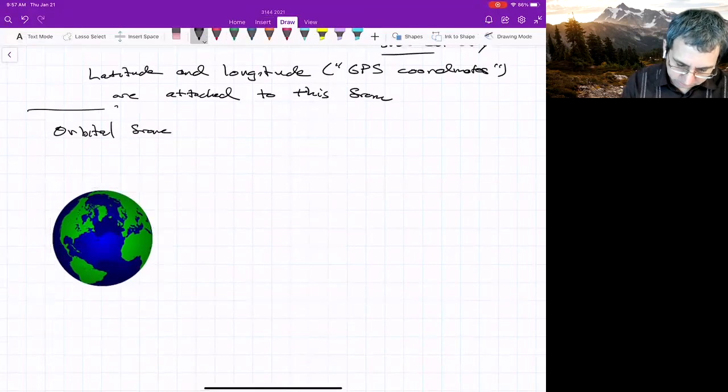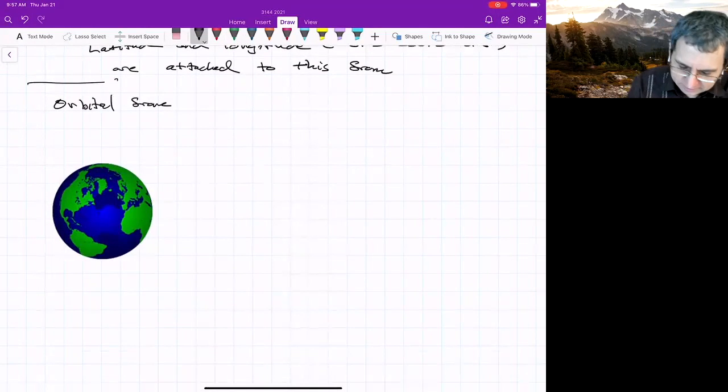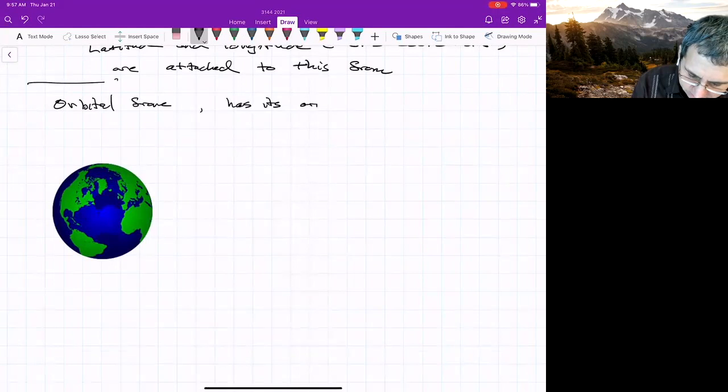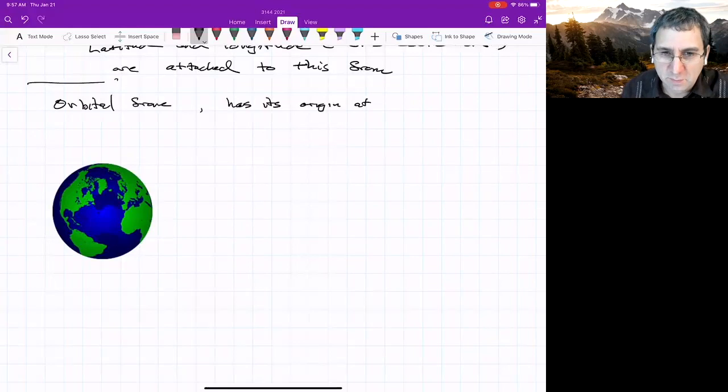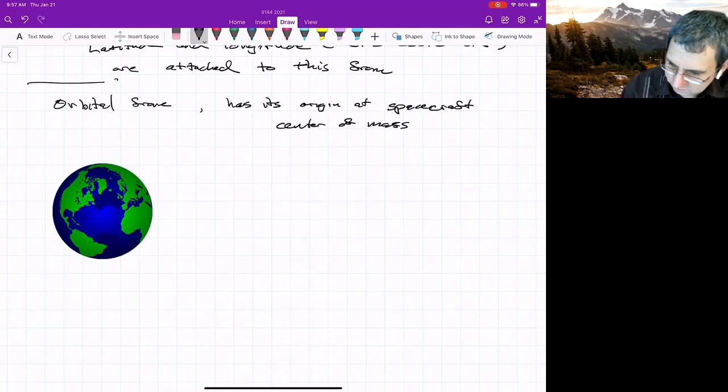Let's leave Earth alone. All right, so the orbital frame actually has its origin at the spacecraft center of mass. I guess I should draw a spacecraft. It's not going to be an amazing spacecraft. Here's my spacecraft.